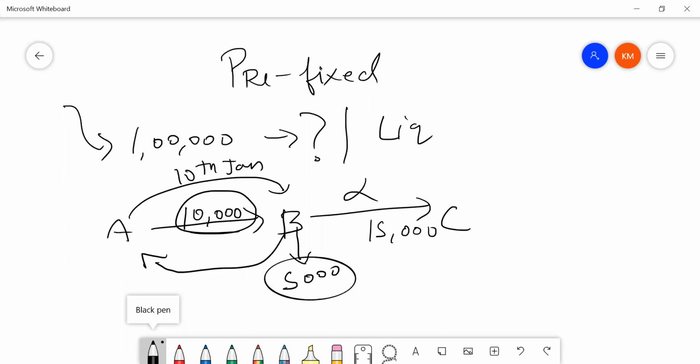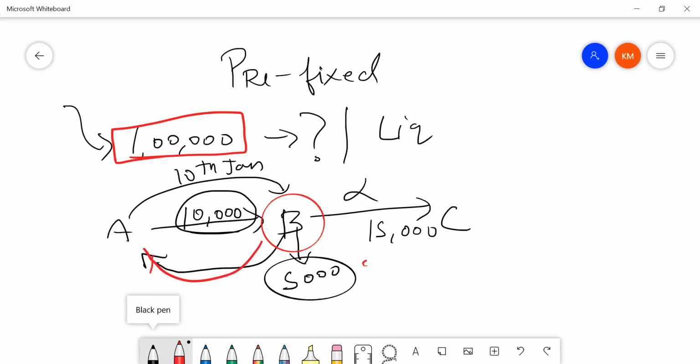The contract says if there is no delivery, there is a prefixed damage of 1 lakh. Now, can B claim from A 1 lakh or 5,000? 1 lakh is the upper limit, the prefixed upper limit. You cannot say just because A did not deliver on 10th, he has to pay me 1 lakh because the contract has that. No. You have to pay the loss suffered by B because of delay. You have to pay 5,000 only.